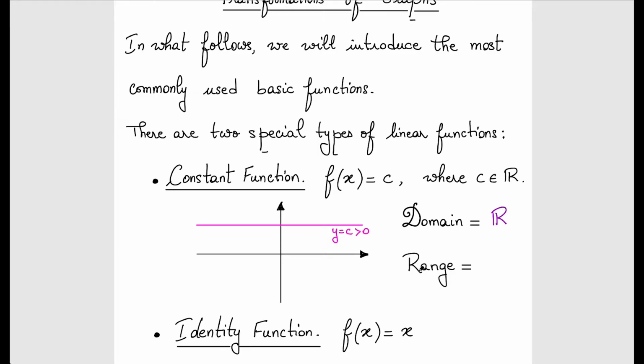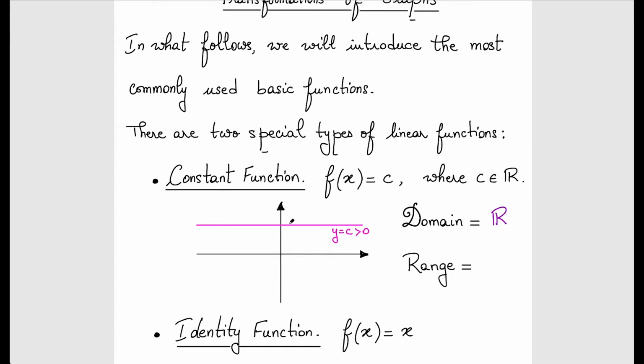How about the range? The range, remember, is by definition the collection of all the possible outputs of the function. Well, this function only produces the output c, right? Again, if you try to flatten the function along the y-axis, you're only going to see the point c, right?